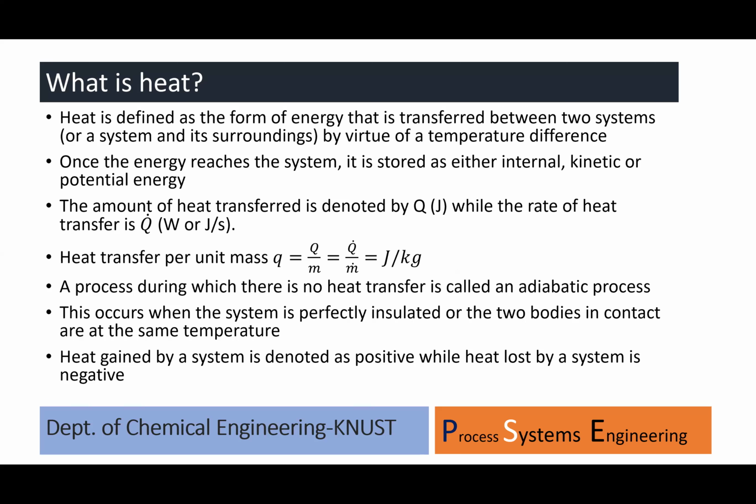So if I have two systems in contact with each other or close to each other, and one of them is at a higher temperature than the other, there's going to be some transfer of energy from one to the other. But the way that we are going to see that the energy has been transferred is that there's going to be some kind of effect in terms of kinetic, potential or internal energy.